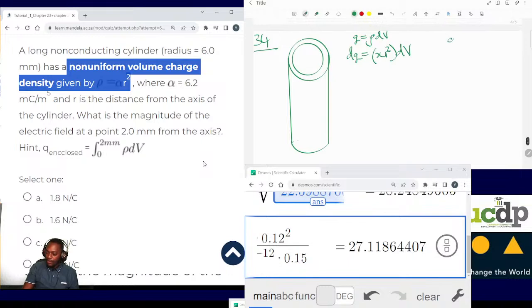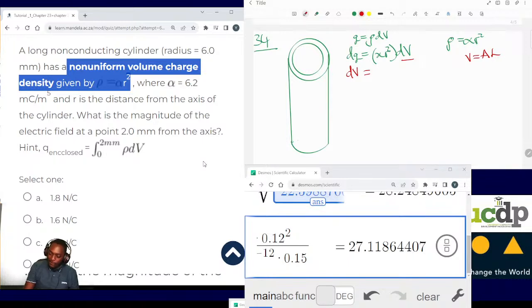Because we are told that rho is equal to, from the question, alpha r squared. Okay, that's the first thing that we're given. Then we can check what this dV is. dV, it's volume, right? Remember, we said V is equal to pi r squared, so volume, we said it's a L, right?